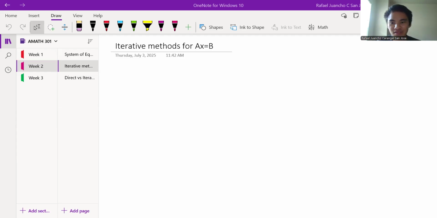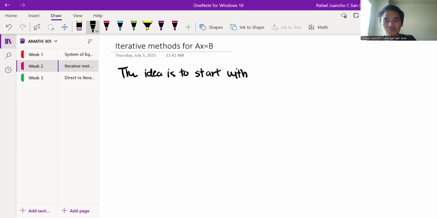So here's the idea. The idea is to start with an initial guess. Let's say our initial guess is x equals x naught. And then we develop an iterative procedure that will converge to the solution.